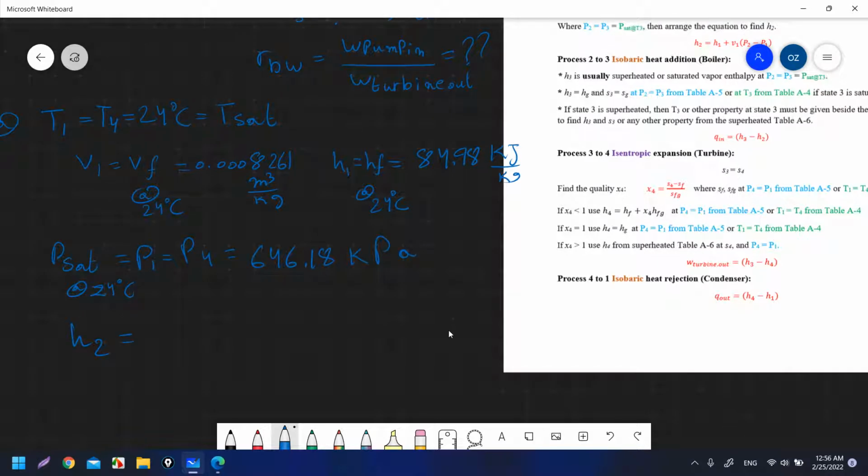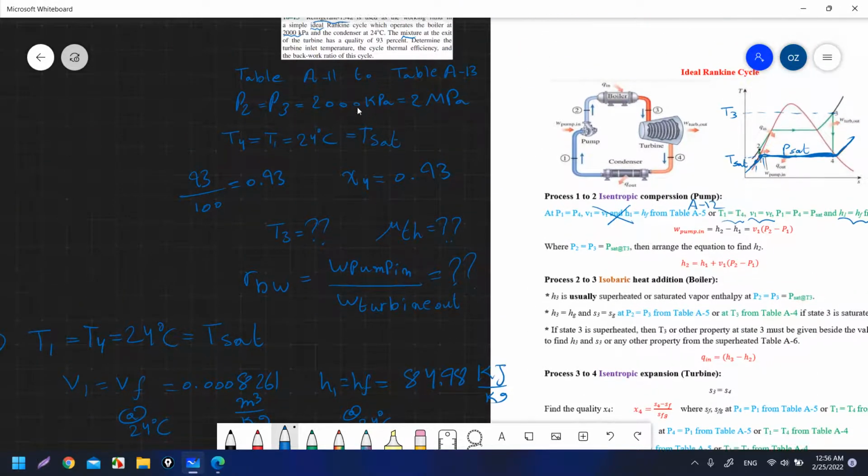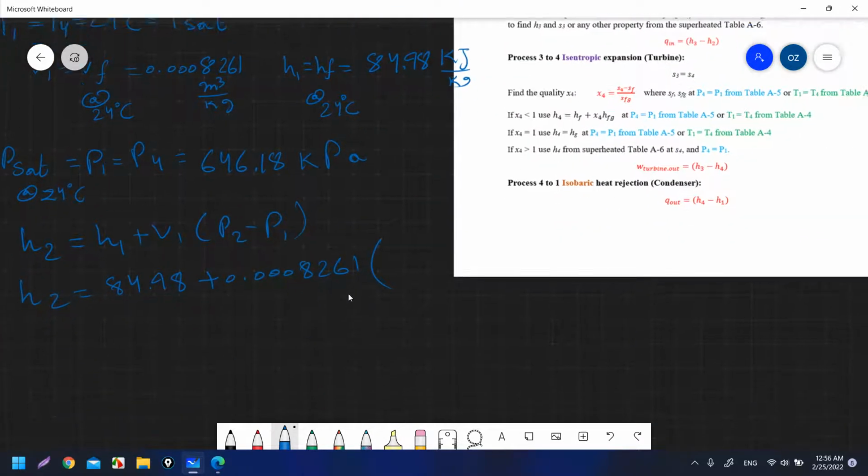Now I found H1, so let's find H2. H2 is equal to H1 plus V1 times P2 minus P1. So H1 is 84.98 plus V1, 0.000861, times P2. P2 is given in the question, 2000 kilopascal.